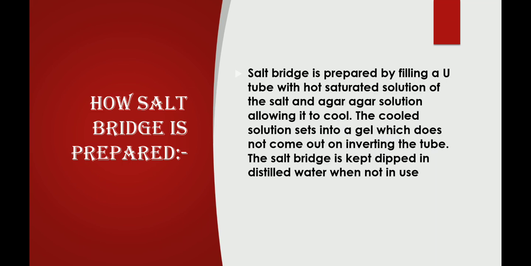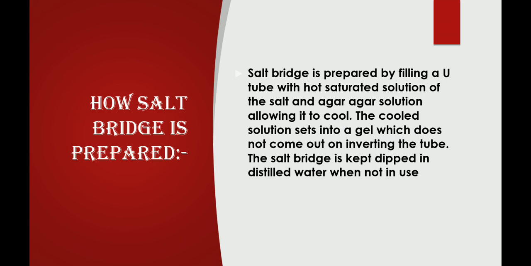Now how is the salt bridge prepared? The salt bridge is prepared by filling a U glass tube with a hot saturated solution of salt and agar solution, and allowing it to cool.